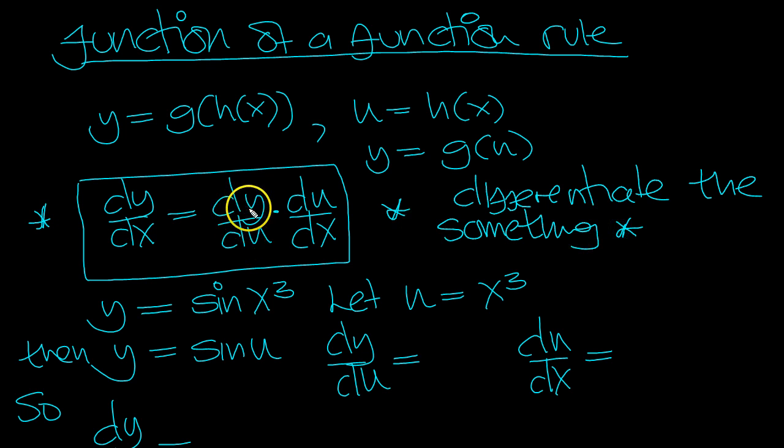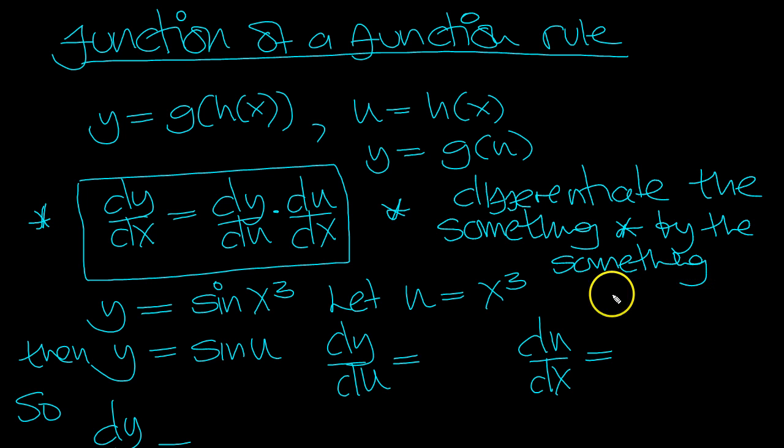So you differentiate the something, dy/du, and multiply that by the something differentiated. I think that's the best way to say it in words. It's not totally clear, but it's just a reminder.